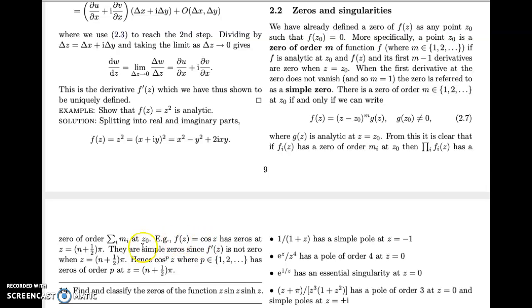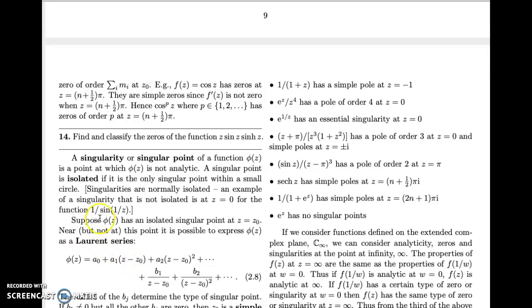So these are all simple zeros. So what about cos to the power p? Well, we just apply this rule here, and if it's the power p, then those zeros must be of order p, because you've got cos multiplied by itself p times, so you just add 1 to itself p times, which is p. So the zeros are of order p.